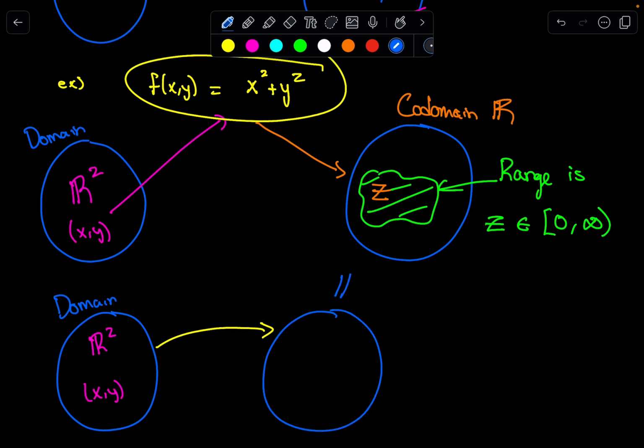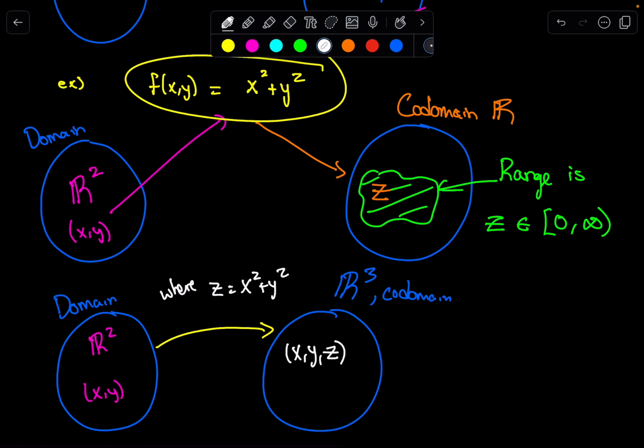It takes us to R3, our codomain, and it consists of all of these points x, y, z. You could define the mapping in this way, where z is still equal to x squared plus y squared. This is another totally fine way of thinking about this.